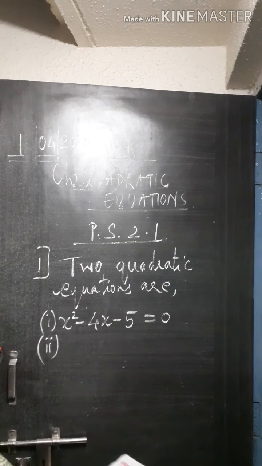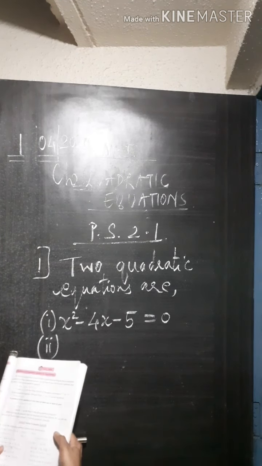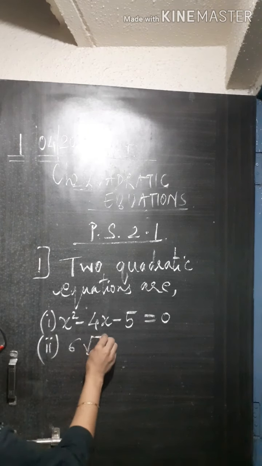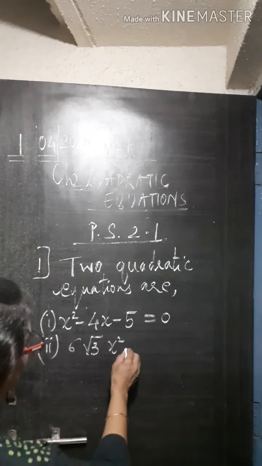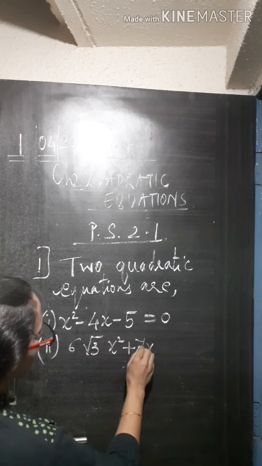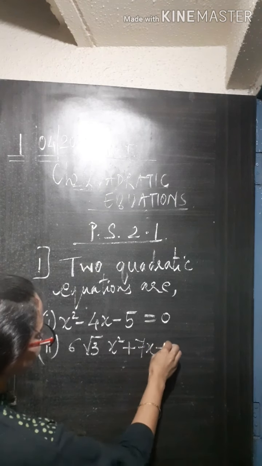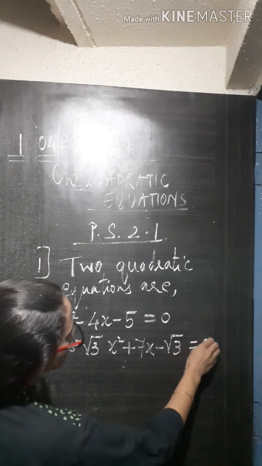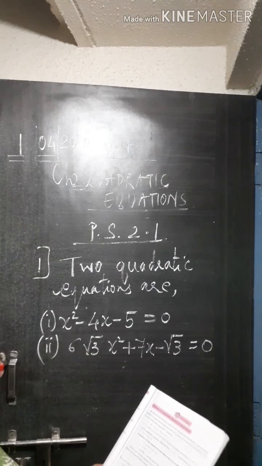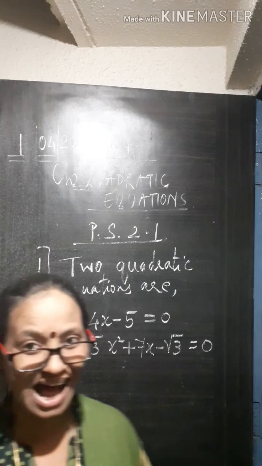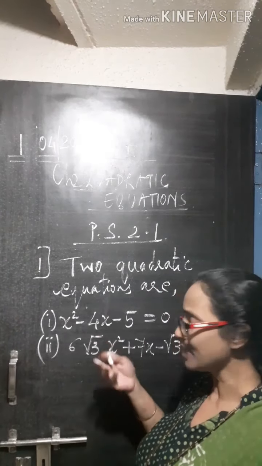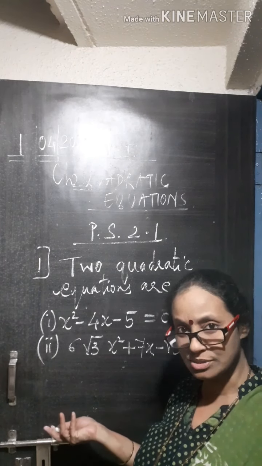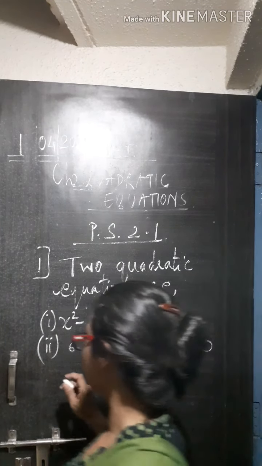The other I will write down is 6 root 3 x squared plus 7x minus root 3 equal to 0. So these are the two quadratic equations I have chosen to write down in this question. You can write down any other equations likewise. Is that clear? So the first question is solved here.